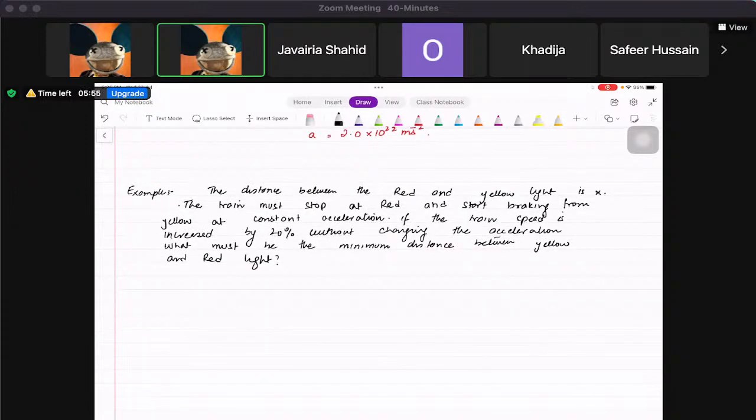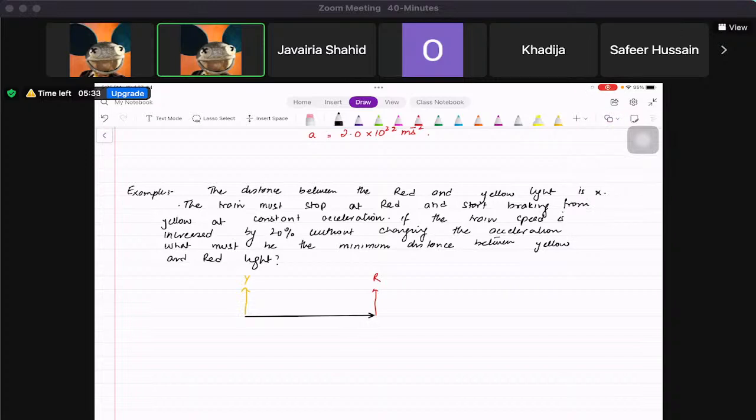What it means is that there is basically a yellow signal and then there is a red one. So let me make it closer. The train basically has to stop at red no matter what, and it starts braking at yellow, whatever its velocity is.